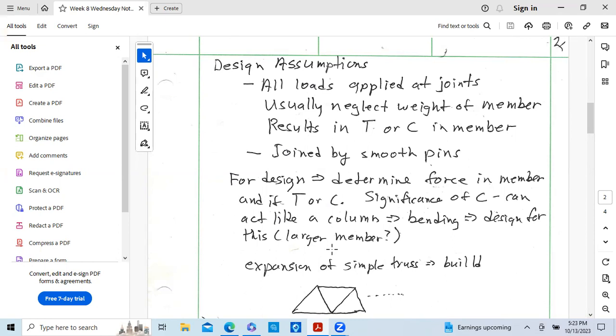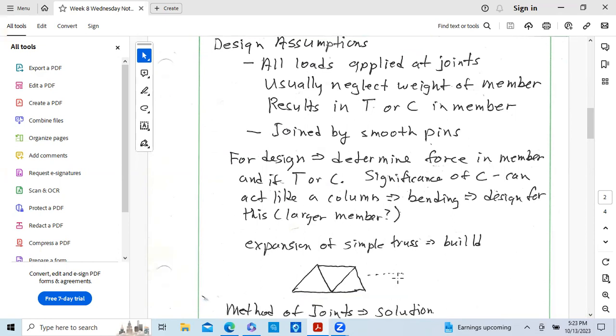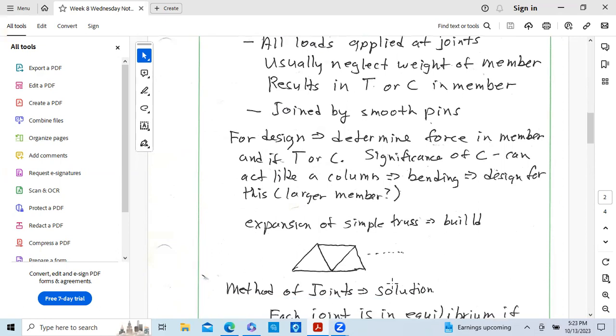We don't want that to happen. You can build a simple truss by simply adding triangular shapes. In other words, you can take this truss, which has 2 bays, and make it as long as you want, simply repeating this triangular pattern, and the patterns can be very different in trusses.